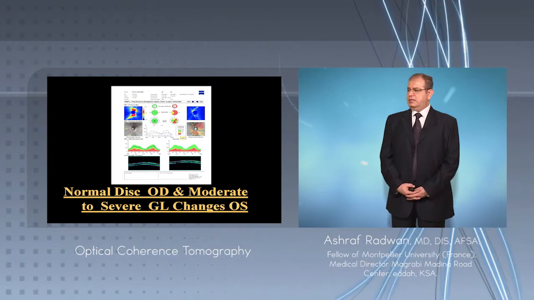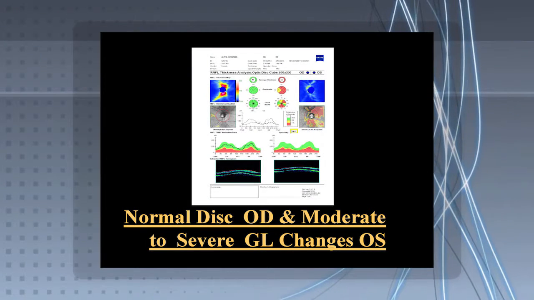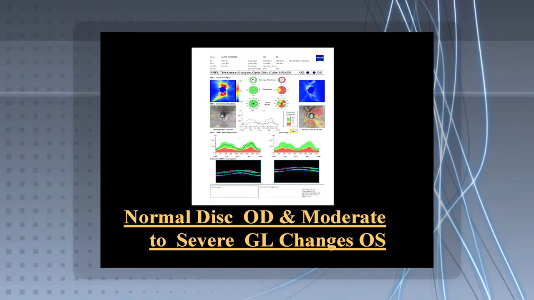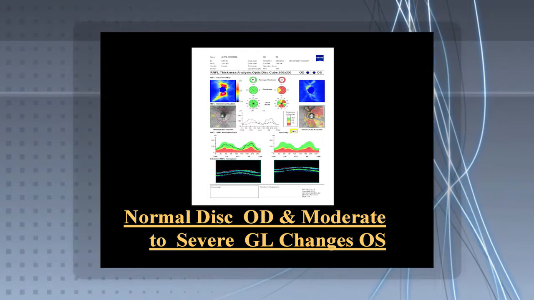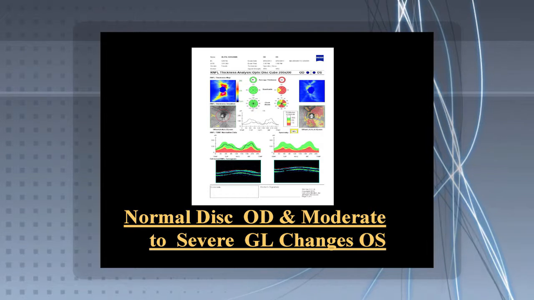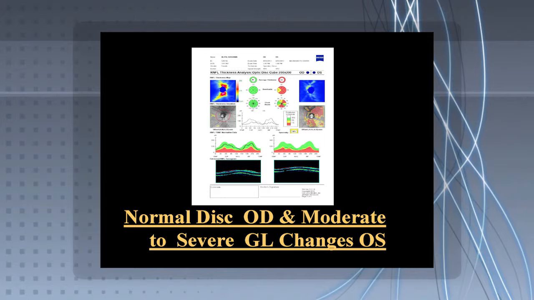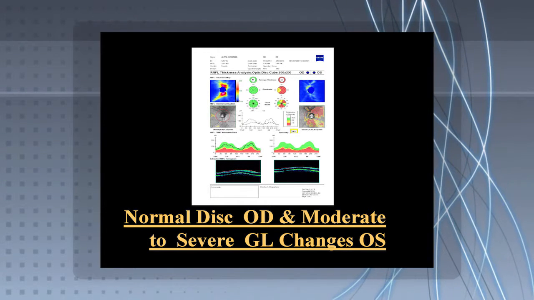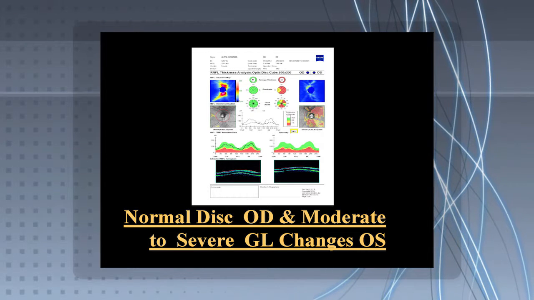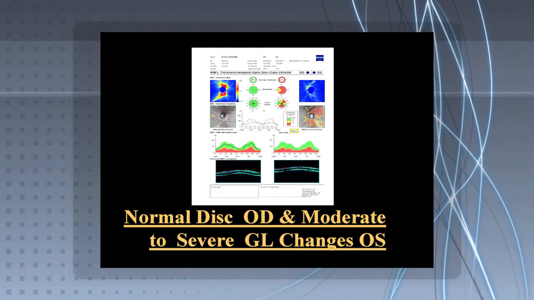It is 60 microns plus, so it is a moderate to severe glaucomatous change in the left eye, and there is a diminishing in the two humps in the curve for the left eye, as you see in the image, compared to the normal right eye. So this patient needs more evaluation with visual field and a glaucoma department to start treating and following his eyes.